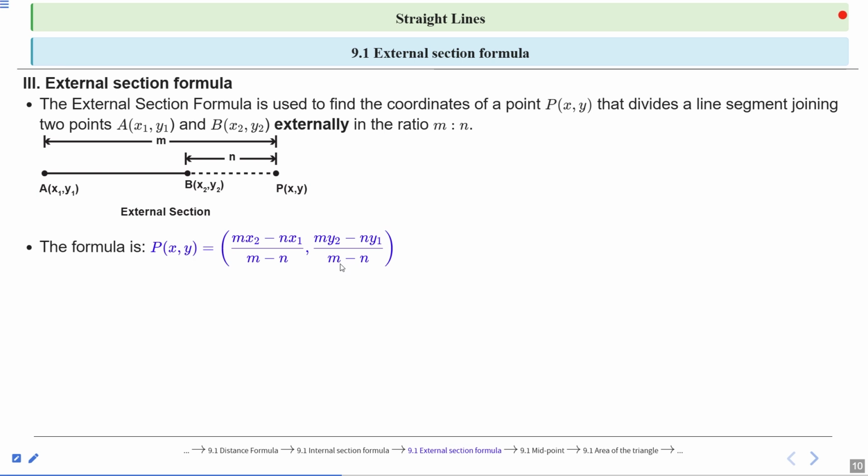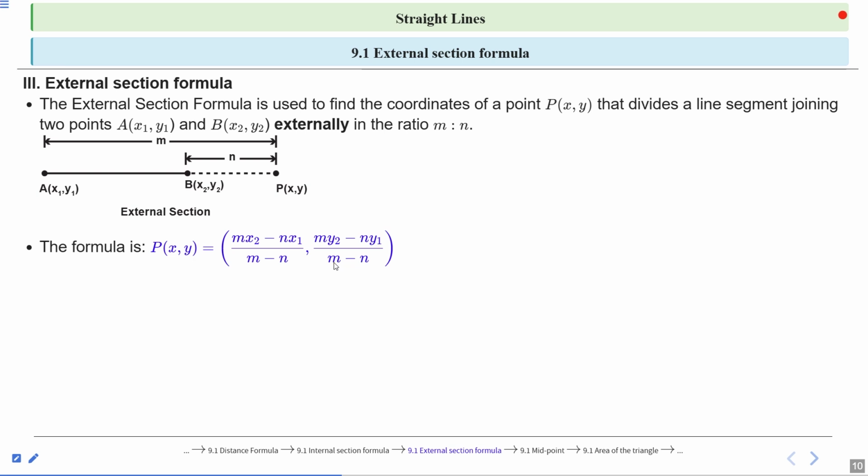Okay, so the formula for the point P(x, y), when the point P(x, y) divides a line segment joining 2 points A(x1, y1) and B(x2, y2) externally in the ratio m is to n, then the formula is P(x, y) equal to (mx2 - nx1) divided by (m - n), comma (my2 - ny1) divided by (m - n).